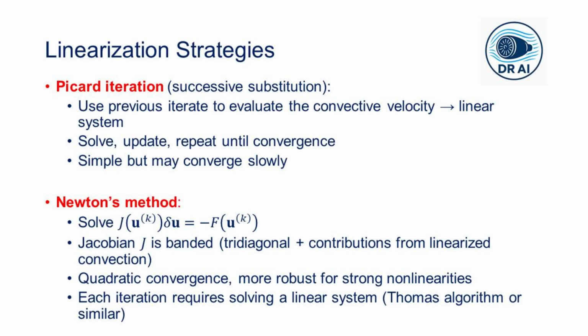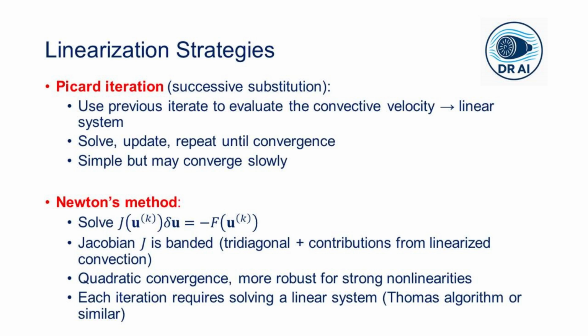That makes the system linear in the unknowns at the new iteration. We then solve the linear system to get an improved guess and repeat until convergence. In essence, we are solving a sequence of linear backward in time, centered in space like systems, each with a slightly different matrix because the convective velocity changes.